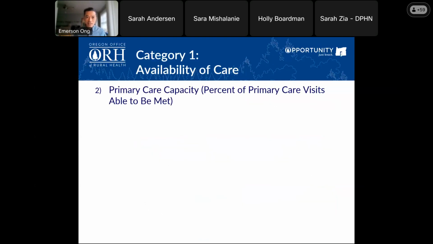So the second variable under availability is primary care capacity, or percent of primary care visits able to be met. So this is basically a pretty complicated version of just a provider to population ratio.